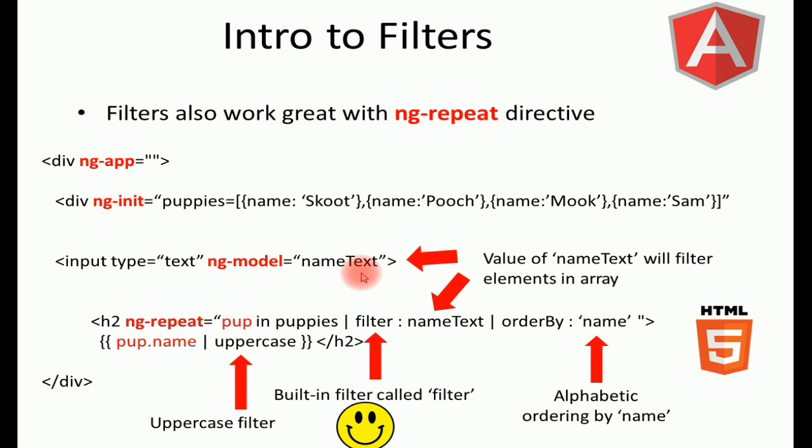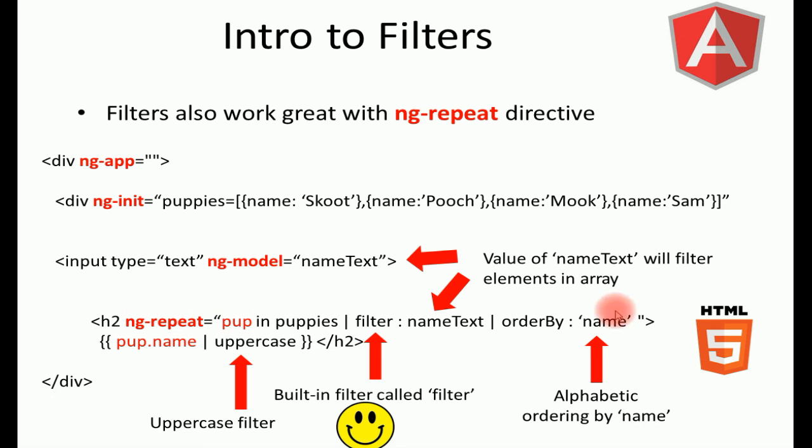Since the name text property is bound to the input element by ng-model, it is also available on root scope to also serve as the input parameter for our filter. The filter will pull out only those objects containing names that match the string entered into the input field.